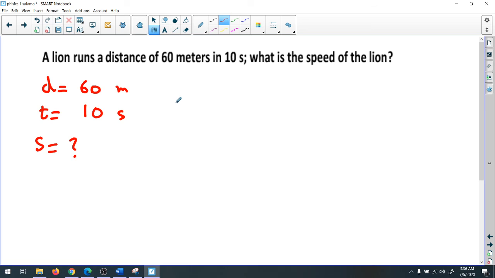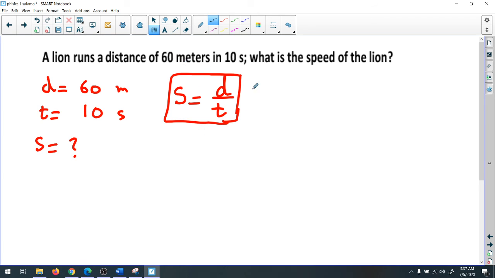Now write down your formula. Even if you don't remember it, I try to act as if I'm in a test. How am I going to remember the formula? We're looking for a speed. Do you know that the speed equals distance over time? Always remember that. Speed equals change of distance over change of time. So now we substitute for distance.